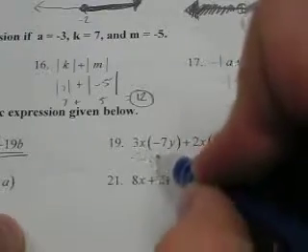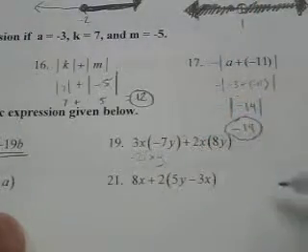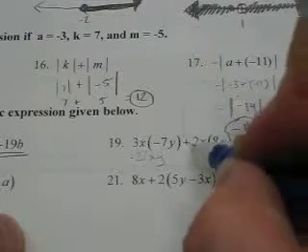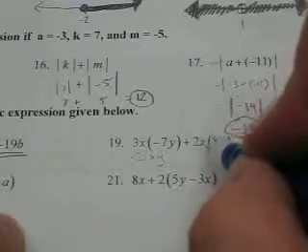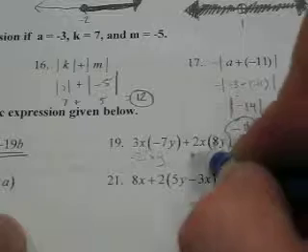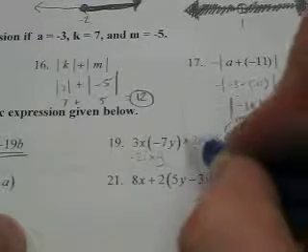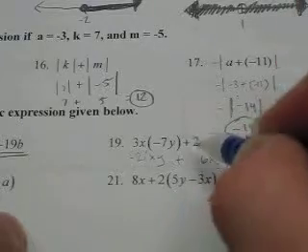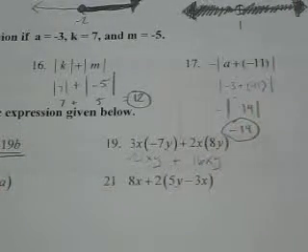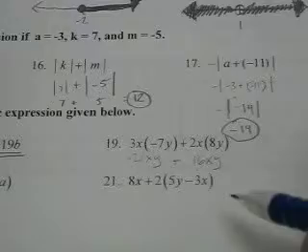And then our variables will be xy, -21xy. When we multiply the second half of that expression, 2x times 8y, 2 times 8 is 16, and our variables are xy. Now I'm going to bring down the plus sign.